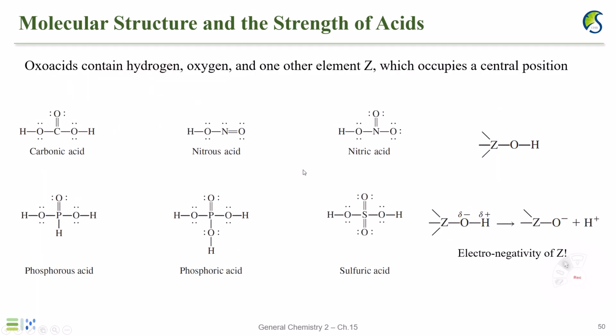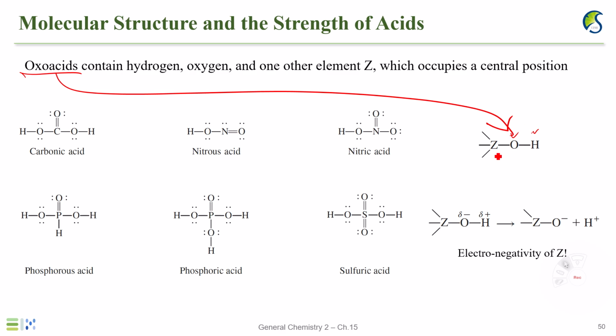And also you can understand the relative acid strength of oxo acids. Oxo acids are, by definition, substances that contain hydrogen and oxygen and one other element Z, a random element Z, at the central position.